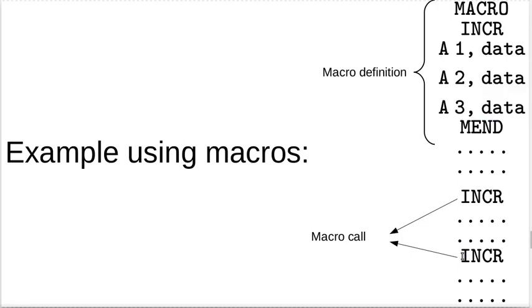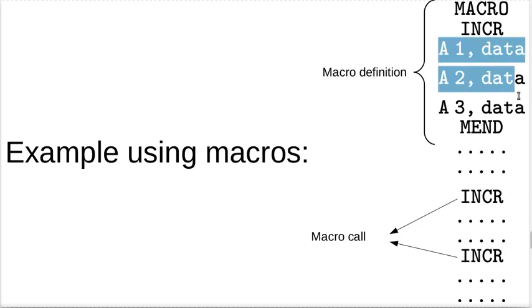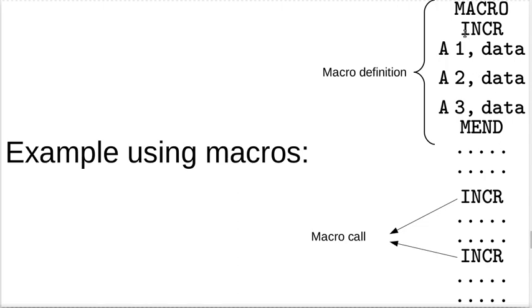This is a macro call. Same as a function call, where we used to call the function, where we used to represent that block of code. Similarly, wherever we need to represent this sequence of instructions, we can use this macro name, and this is known as the macro call, right? So this is macro definition, this is macro call.